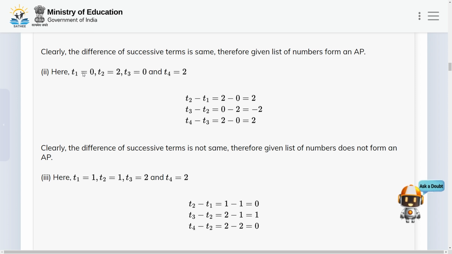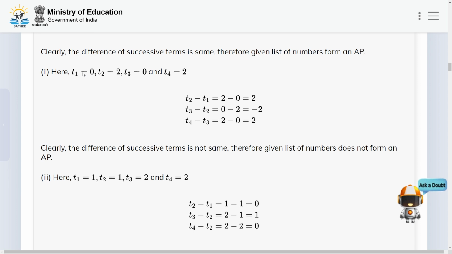Clearly you can observe that the difference of successive terms is not the same. The difference of the second term and first term gives 2, but the difference of the third term and second term gives minus 2.